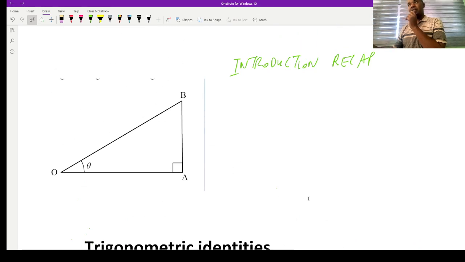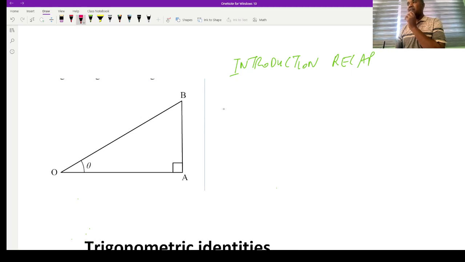Before we start these identities, I just want to remind you what we covered yesterday, because yesterday we had derived 6 different trigonometric ratios, and I'm going to refer to this triangle here.